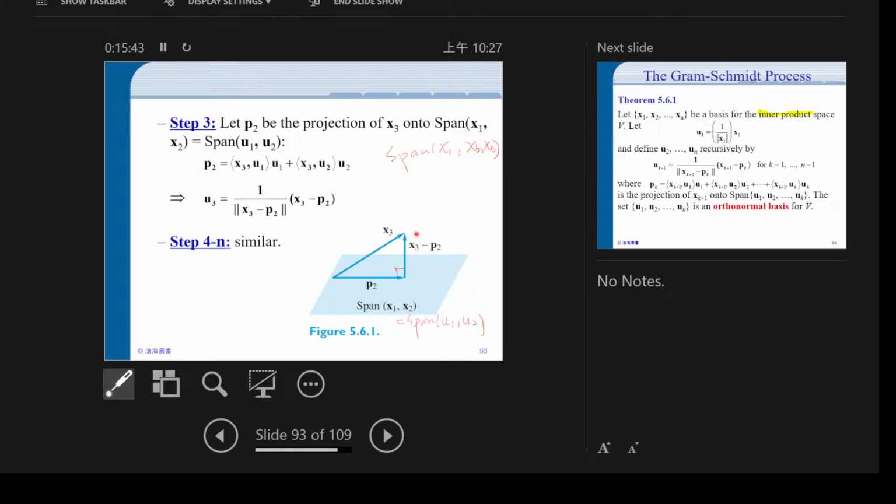And so we want to find the component that's orthogonal to the span of x1, x2. We find this by first finding the projection of x3 onto the span of x1, x2, which is also equal to the span of u1, u2. Because u1, u2 is an orthonormal basis, it's easy to find the projection of x3 onto the span of u1, u2.